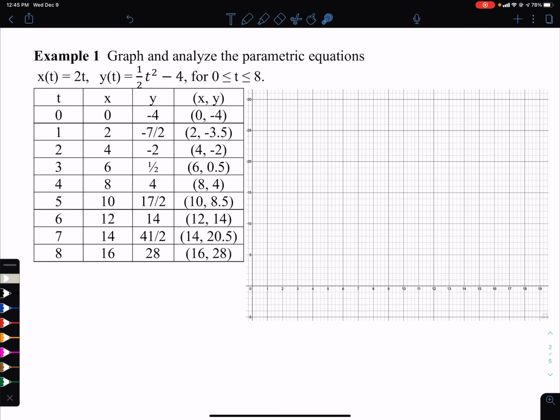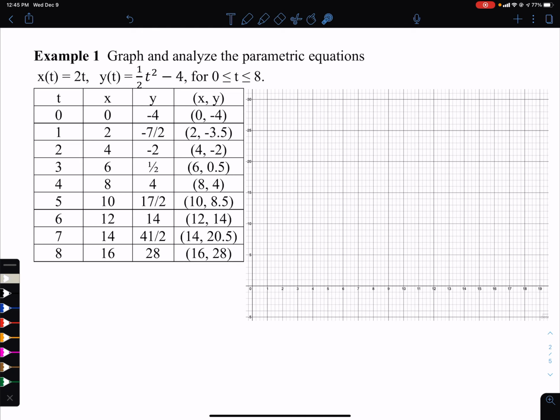You can double check, but basically you're doubling the t. So 0, 2, 4, 6, 8, 10, 12, 14, 16. Then you plug in 0 here, you get -4. You plug in 1 here, you get 1/2 minus 4, it's -3.5. And so we get this column, and I have all these x and y coordinates.